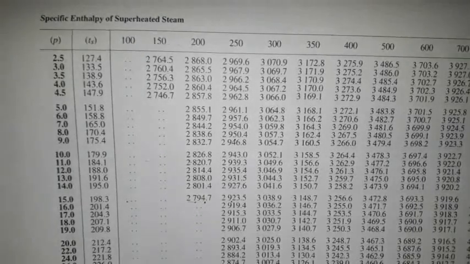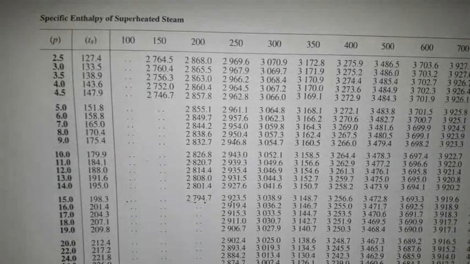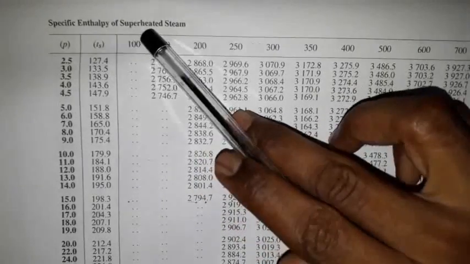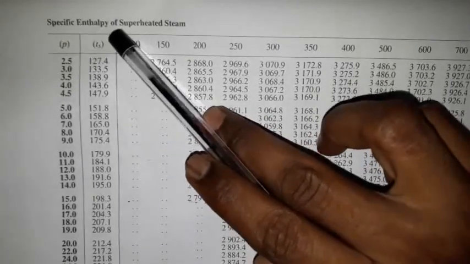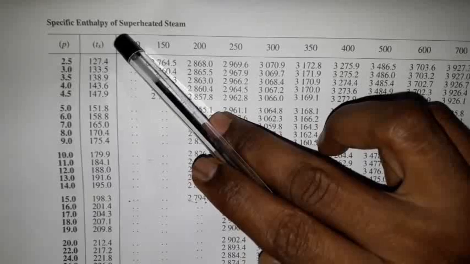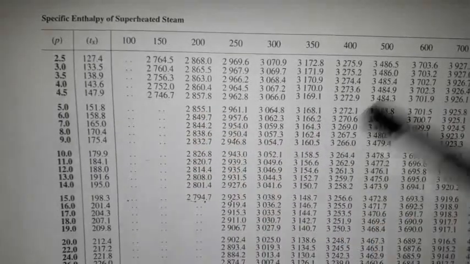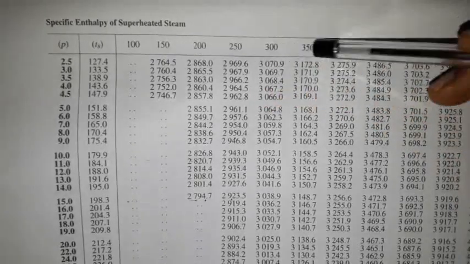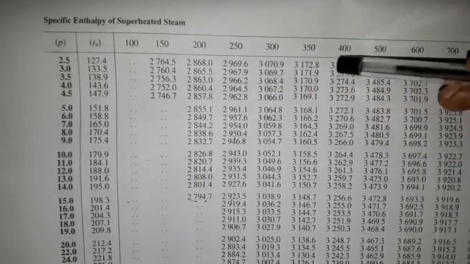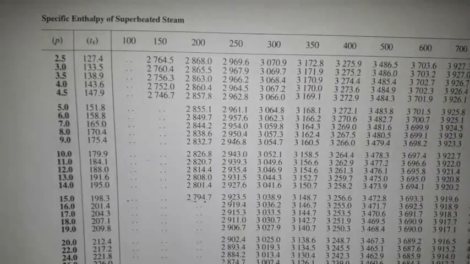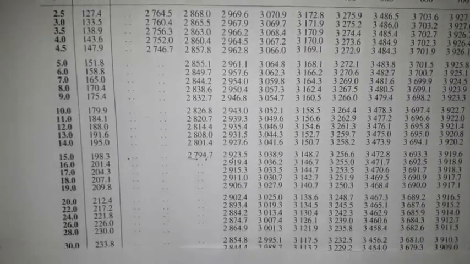see, now let's look into the steam table. So here I have the superheated steam table for specific enthalpy. So this is the pressure column. So I have 30 bar pressure, and these are the superheated temperatures. So at 400 degrees Celsius, so I will look for 30 bar pressure here.